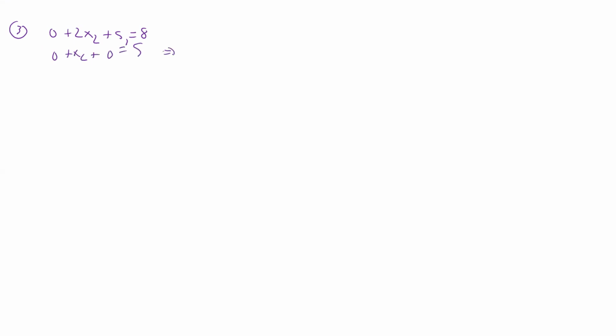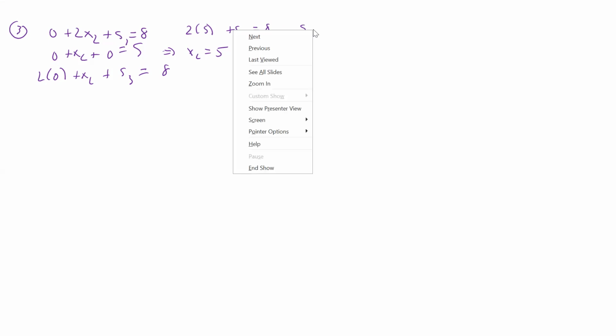Well, that one we get a value out, so x2 is equal to 5. And then we have 2 times 0 plus x2 plus s3 equals 8. So if we plug in a 5 back up here, we're going to have 2 times 5 plus s1 equals 8, so 10. So s1 is equal to negative 2.